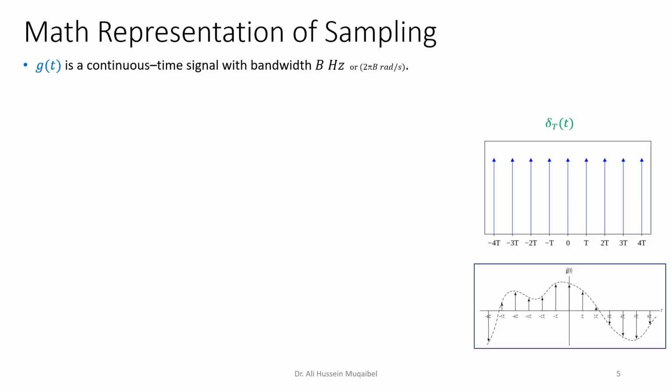Now, we have seen how the sampled signal in time looks. It's made of impulses, so it looks like this, right? Now, the question we have is, what is the spectrum of this sampled signal?